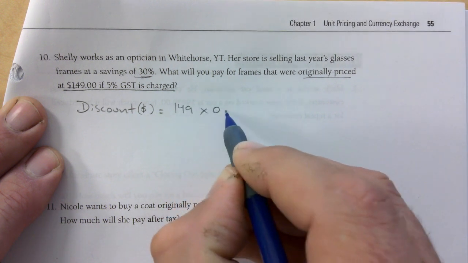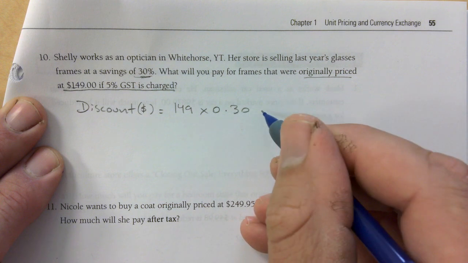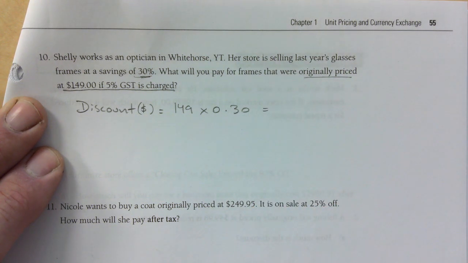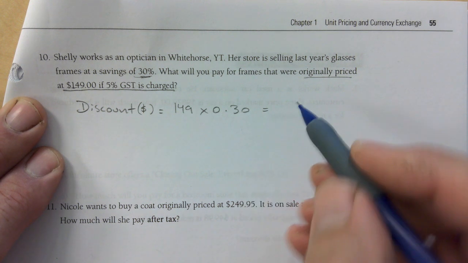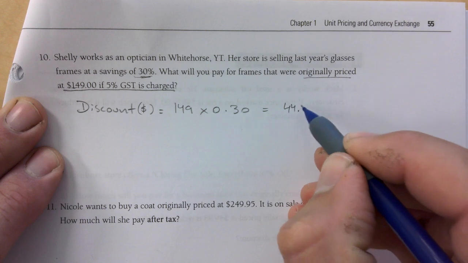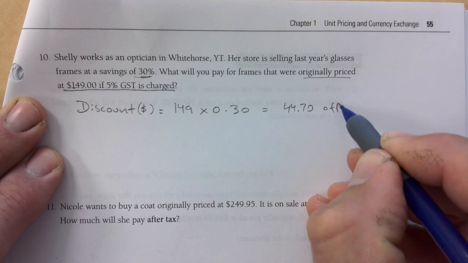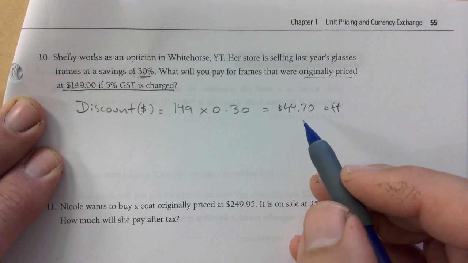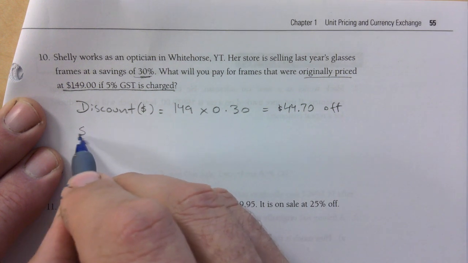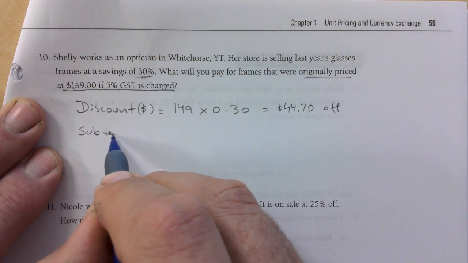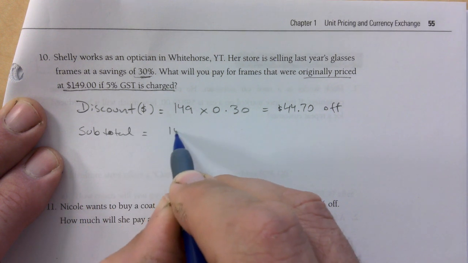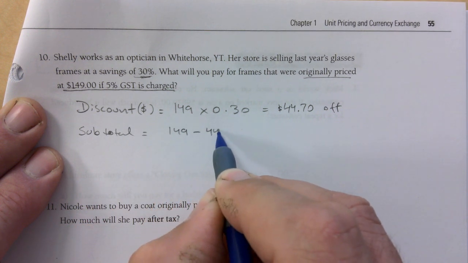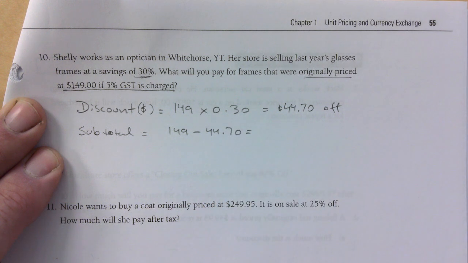How would you do that? 149 times whatever 30% is. That's my calculator. That's 44.70 off in dollars, right? Then you find the subtotal, which is 149 minus 44.70.